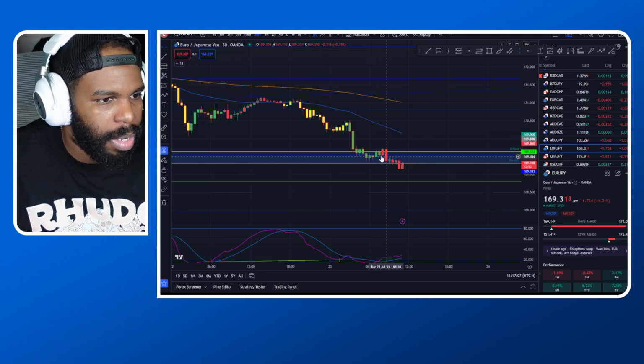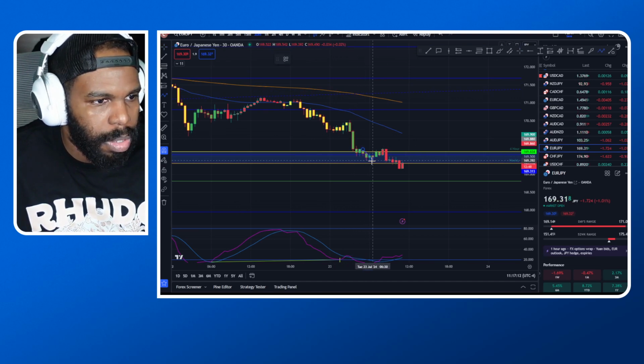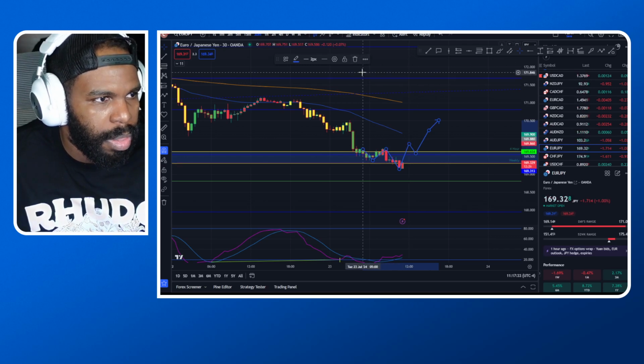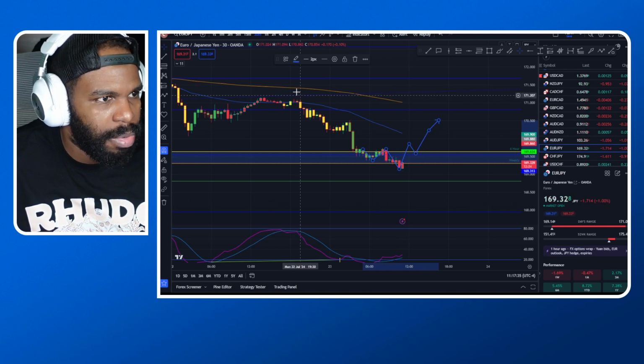Right now we're creating lower lows, lower lows and lower highs. Once price breaks this previous lower high, we'll wait for the pullback, and then maybe we can catch a trade to the upside off of this level. But we have to make sure that price rejects this area of interest.